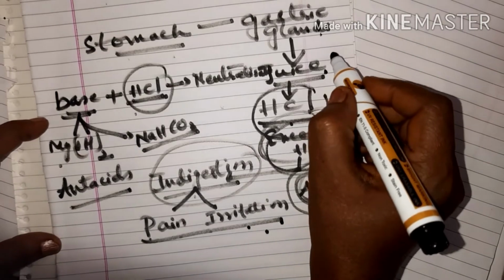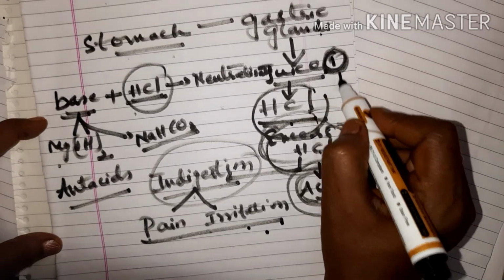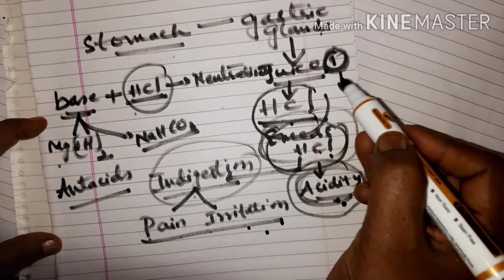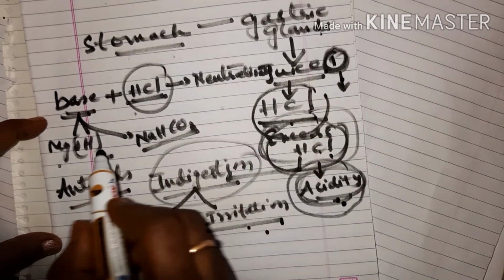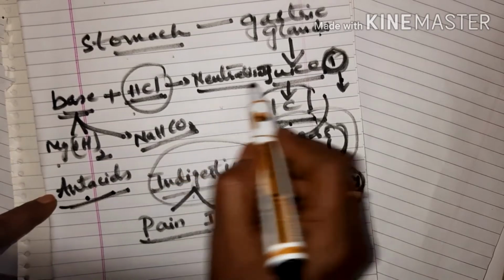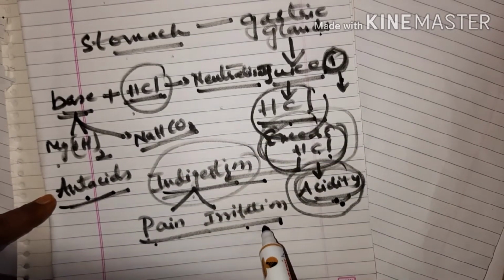In the gastric juice the pH is 1, children, so it is highly concentrated with acids. This high acidity has to be reduced with the help of a base. Once it reacts with the base, it gets neutralized and the indigestion problem is solved. That is, pain and irritation is relieved.